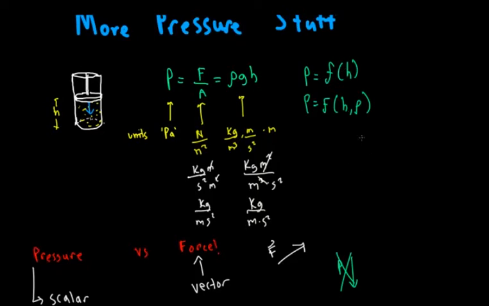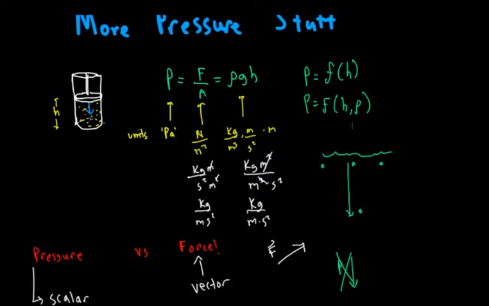Just think about the ocean, right? Little side note. The pressure here should be the same as the pressure here, right? But if you go deep down, the pressure here is definitely going to be much different from the pressure here. Think about that for a little bit.